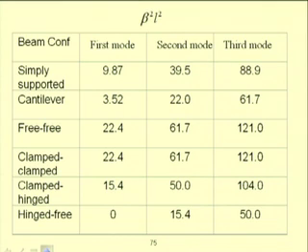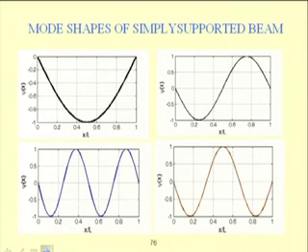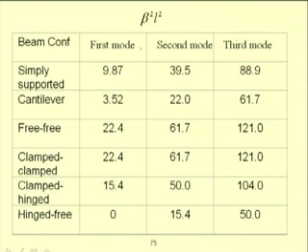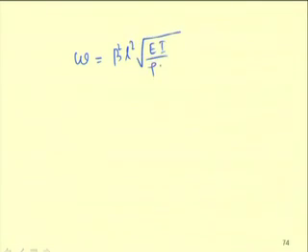So, here are different mode shapes and frequency equations. These are different mode shapes and one can find different frequencies corresponding to beta L. One can write the frequency omega equal to beta square L square root over E I by rho L fourth.